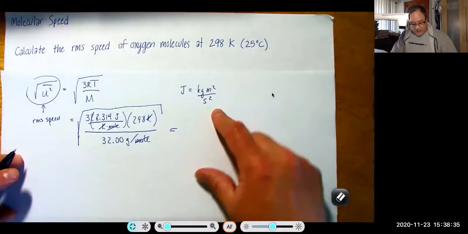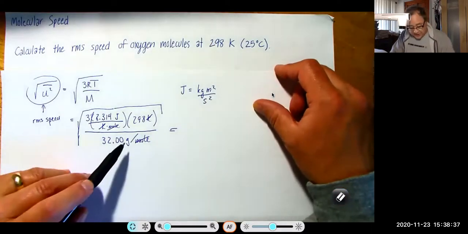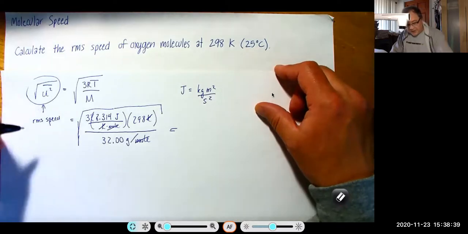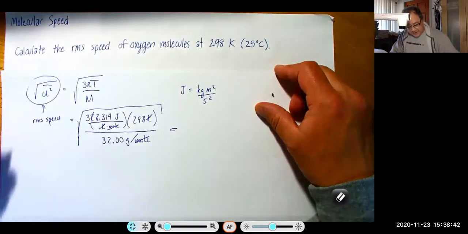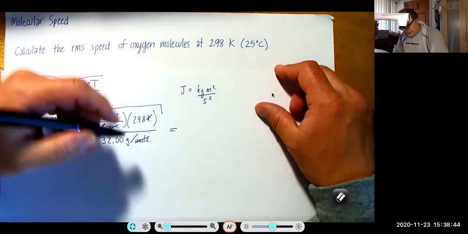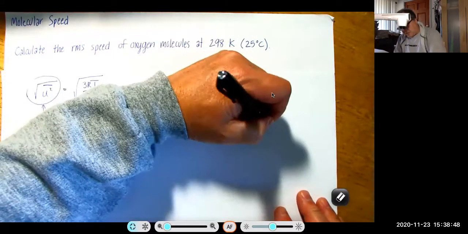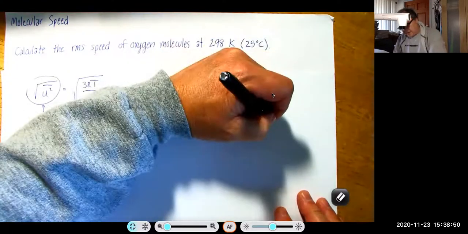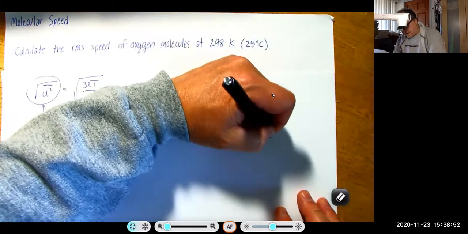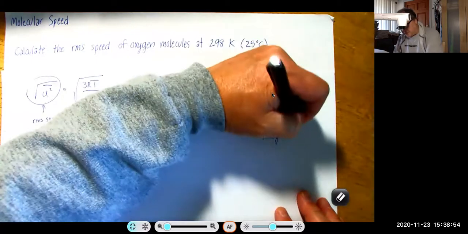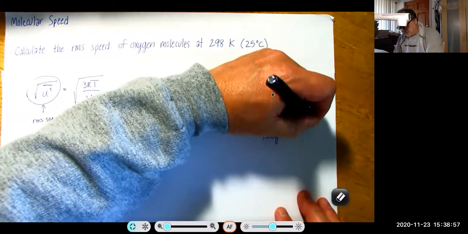So here, it looks like we need to change this into kilograms. What I'm going to do is take 32.00 grams multiplied by 1 kilogram per 1,000 grams, and we get 0.032 kilograms.